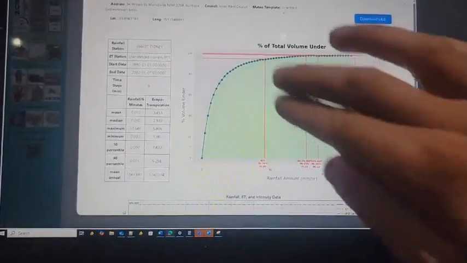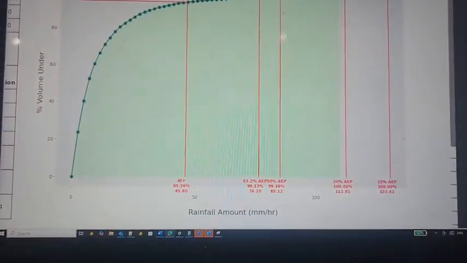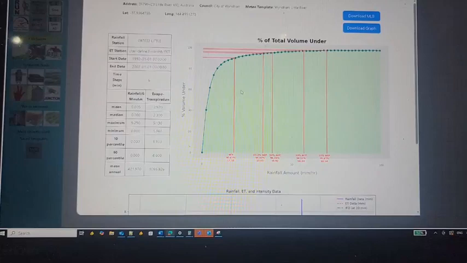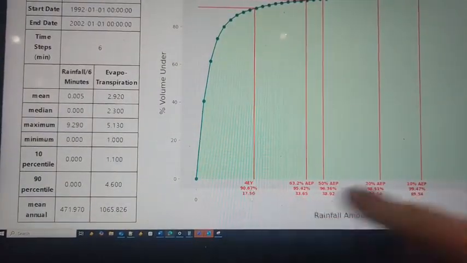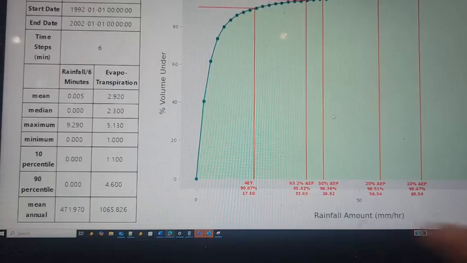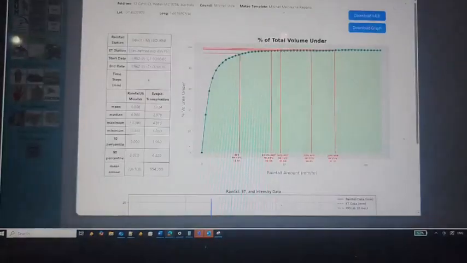And here in Marrickville, New South Wales, 95 and 99. If we go to Little River in Victoria, 4EY is 17 and 90% of the entire volume is under it, and then 95% under 63.2% AEP, and so on and so forth.